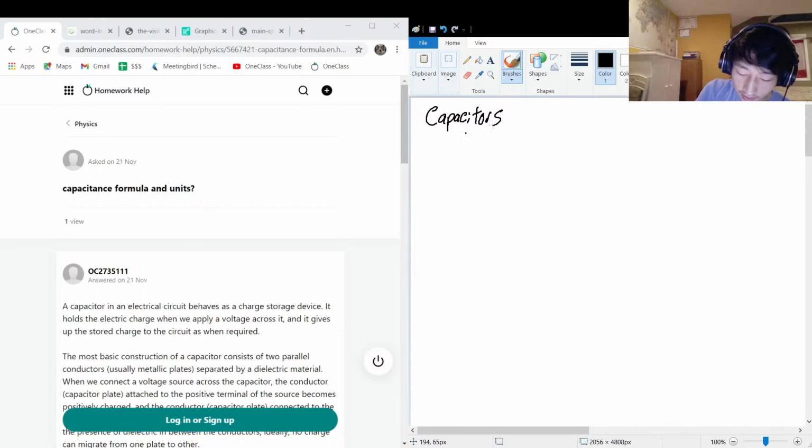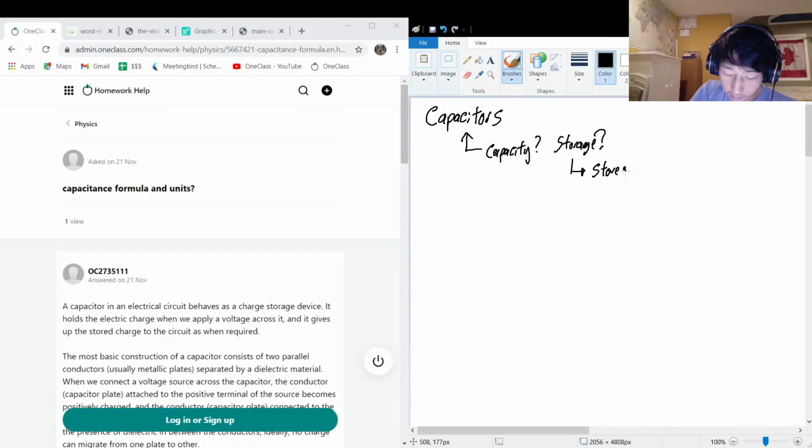A subword we can find in here is capacity, storage. These are clues of what a capacitor means just by looking at the word itself. What does it store? It stores charge.